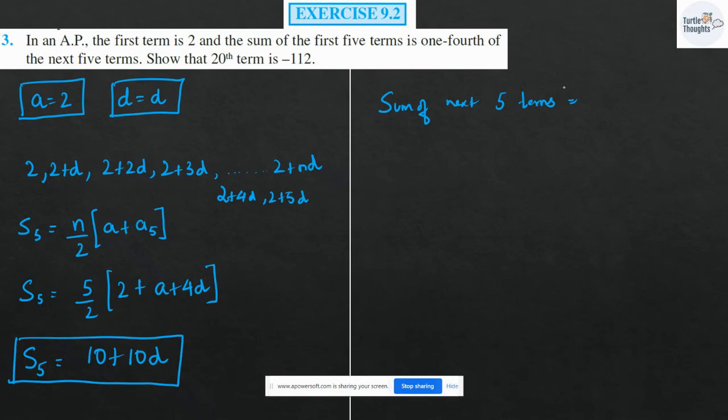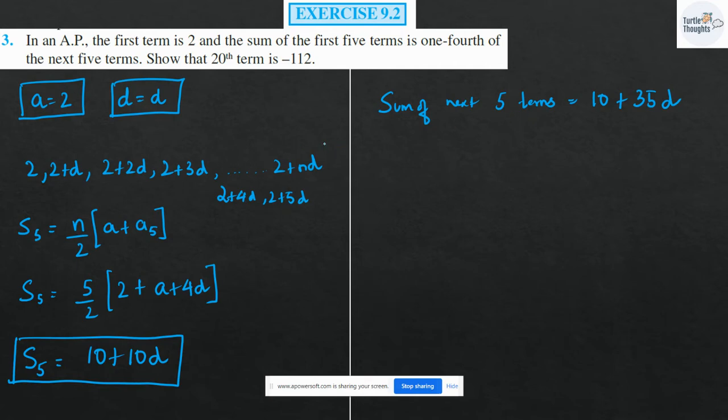This will be equal to, the first number is going to remain the same, which is 10, plus here the first term is 10d. Next I will be getting 6 plus 7 plus 8, 17, 9, 26, 9, 35. So 35. So this is the sum of next 5 terms.